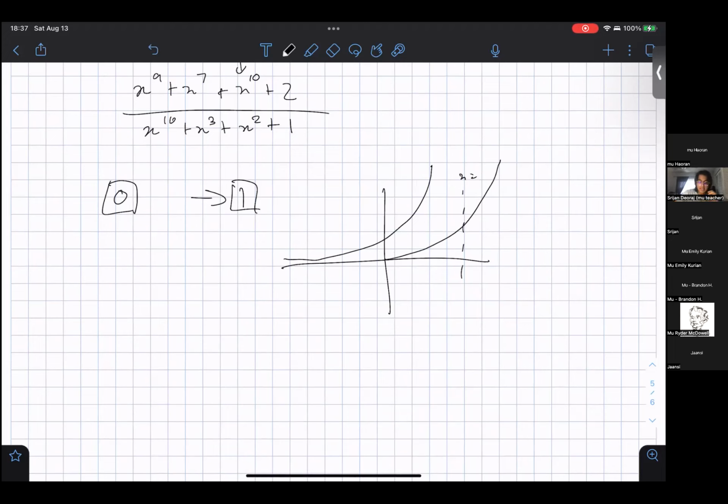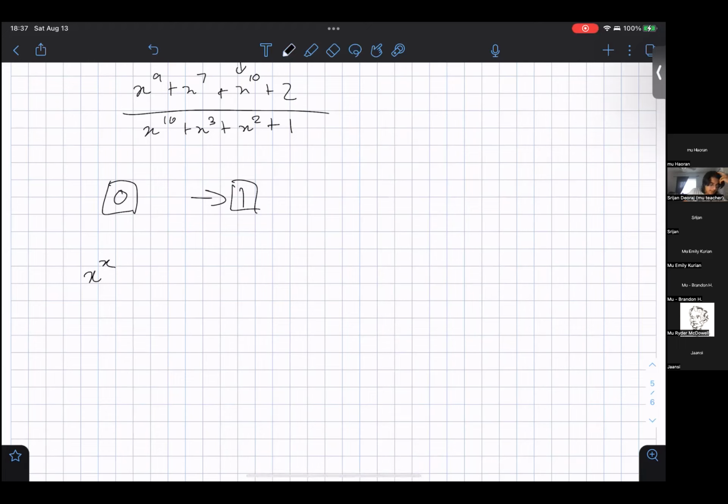So we can say that an exponential function grows faster than a polynomial. And there's a sort of hierarchy to this. x to the x grows faster than x factorial, which grows faster than e to the x, which grows faster than x to the n, which grows faster than log of x. So if you were to graph all of these functions, you'll see x to the x shoot up first, then x factorial, then e to the x, then x to the n, and then log of x.